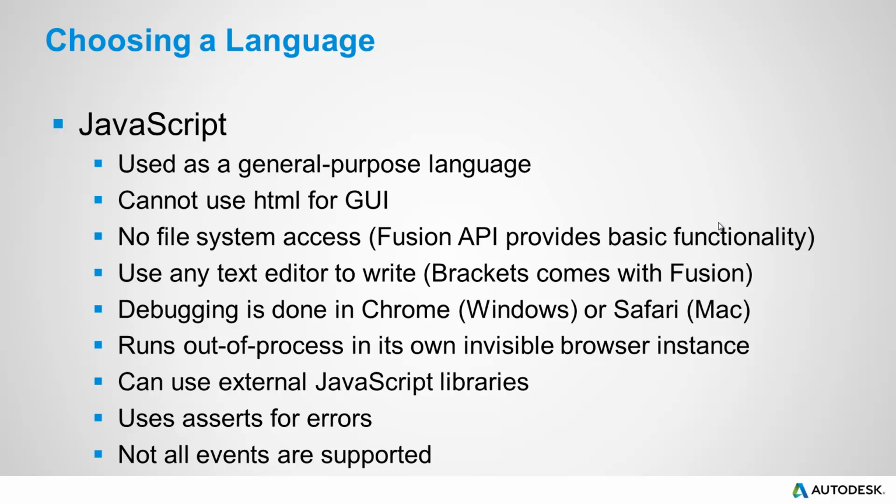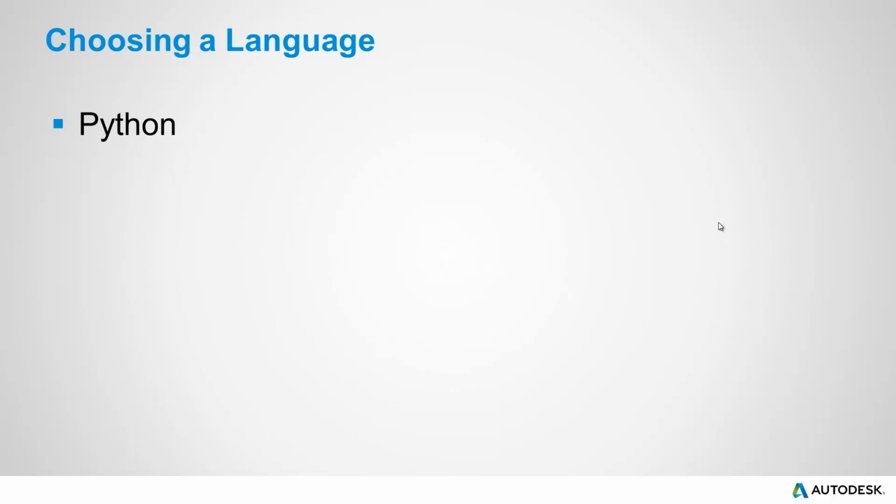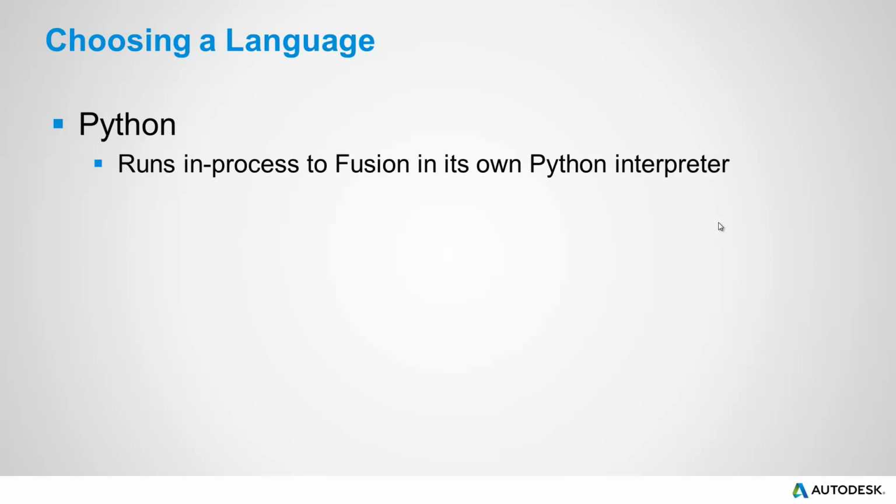All right, so Python. I said JavaScript runs out of process. Python runs in process within its own Python interpreter. And mainly because it's running in process, it's much faster than JavaScript. To give you an idea of how much faster, I wrote a little program that calls into Fusion and just gets a value that Fusion already has.